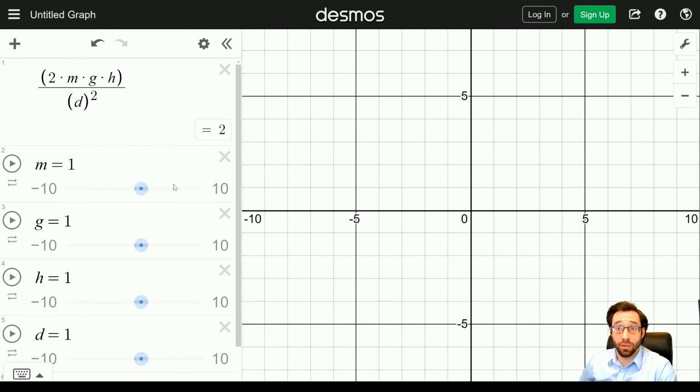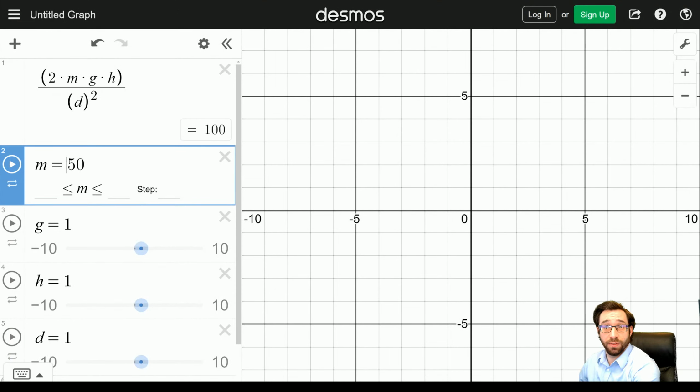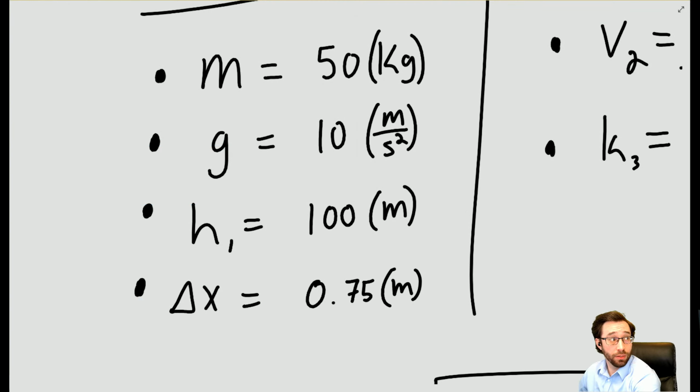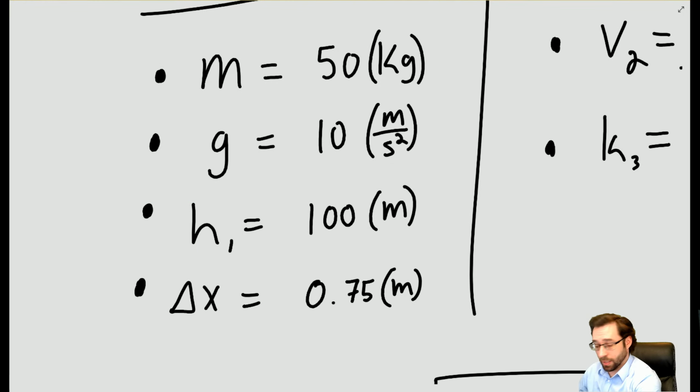So I'm going to hit all, and then all I have to do is plug in the values. So mass is 50. So I'll put in 50 right here for mass. Gravity is 10. Height is 100.